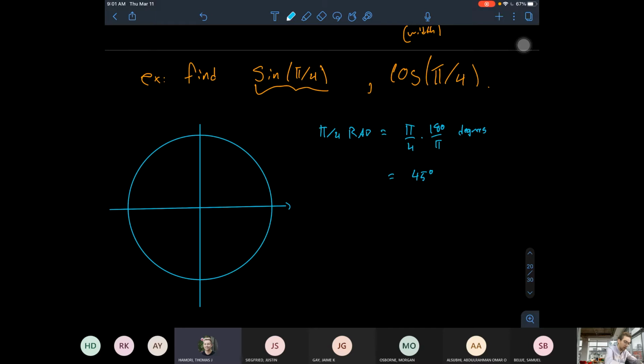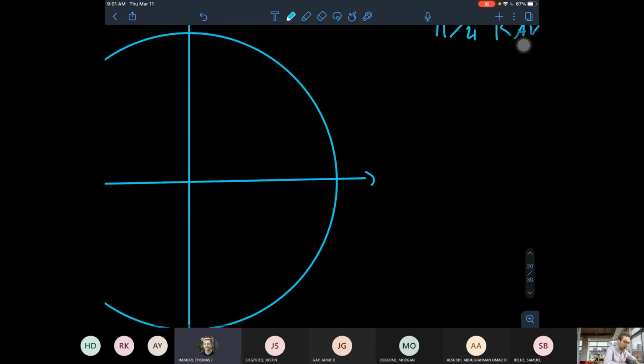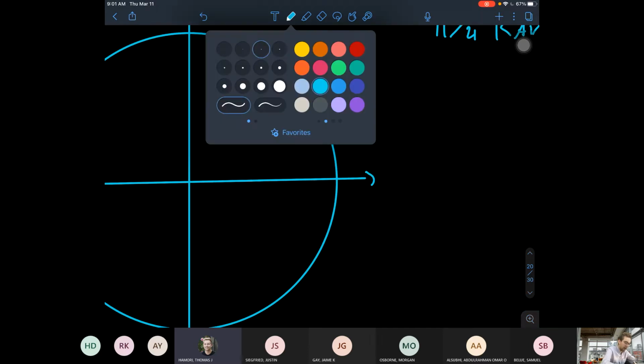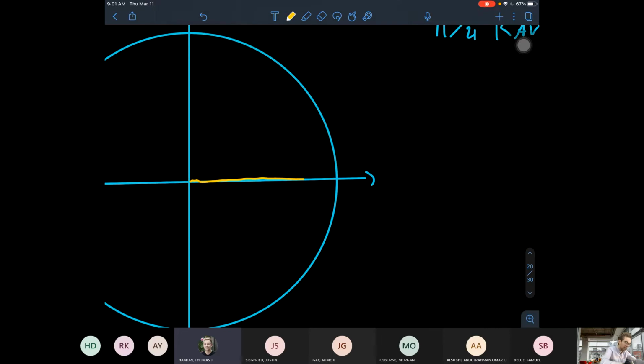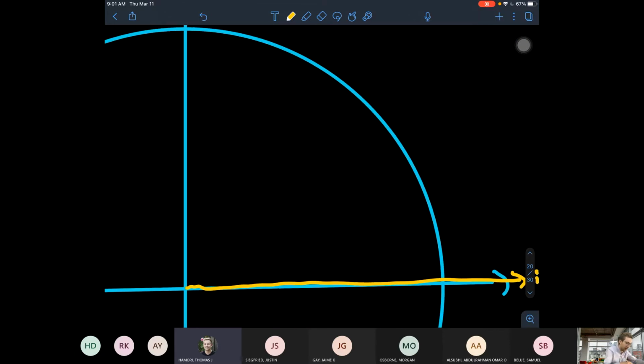So 45-degree angle. I measure it from my initial side, which is always the positive x-axis. So here's my initial side, and I measure 45 degrees. I know 45 degrees is half of a right angle, so it's going to go right here.